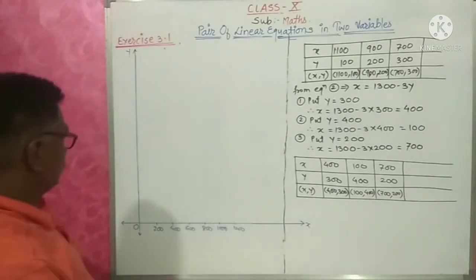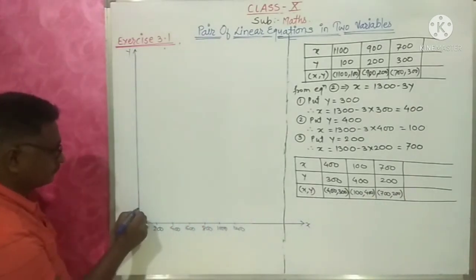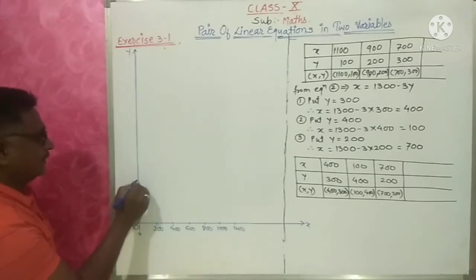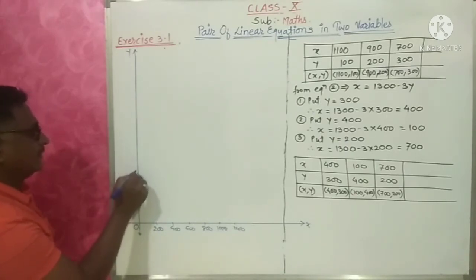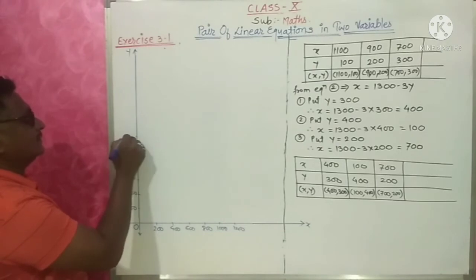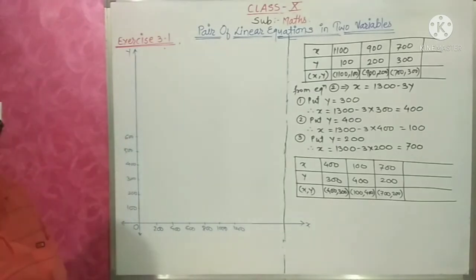Now the y value. What is the highest y value here? 400. So here 100, 200, 300, 400, 500, 600 in this way.